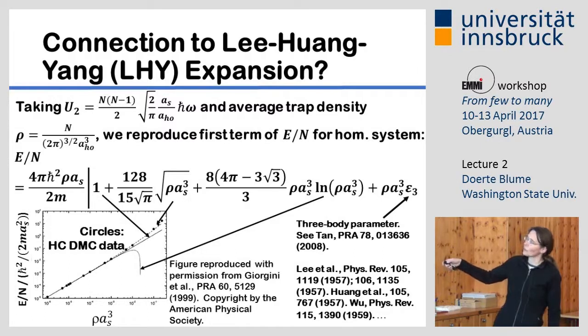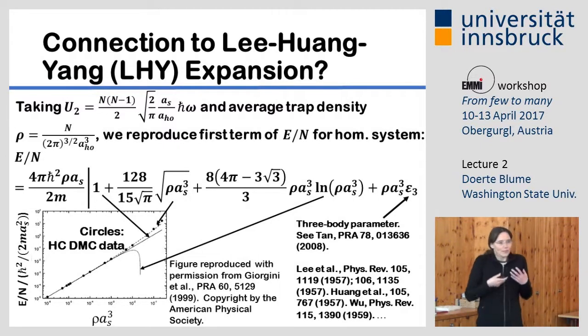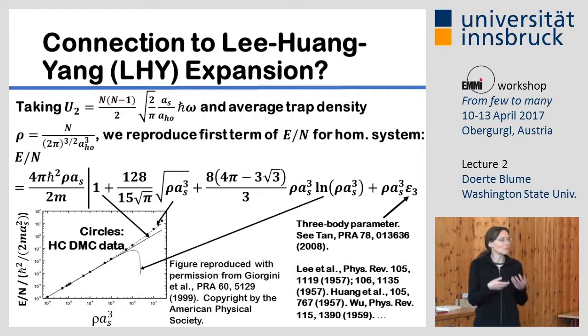If you do this, using the effect of two-body interaction, you find that you actually reproduce the leading order LHY term. So things are consistent. You're treating the system perturbatively, either in the trap or in free space, and you basically get the same mean field shift.